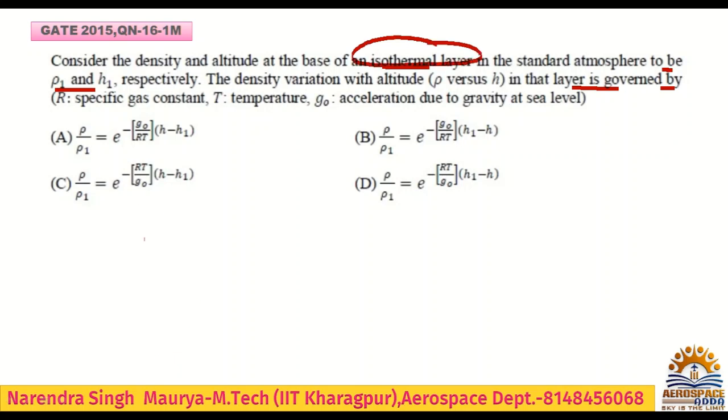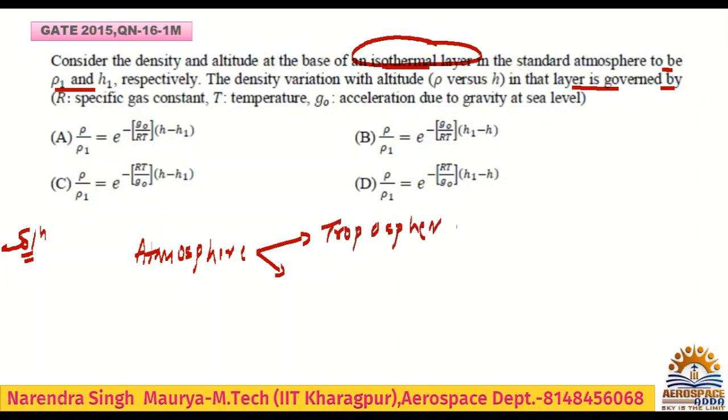See, in our atmosphere, if you go to the atmosphere chapter in performance, the total number of layers is 5: troposphere, stratosphere, mesosphere, ionosphere, exosphere.